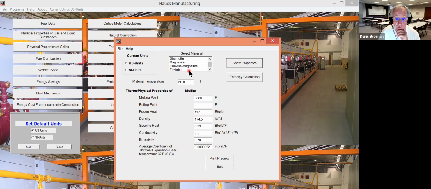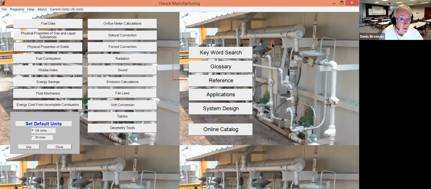So even these guys have fire brick stored in their system. The old Super Duty aluminum silica fire brick used in furnace construction, traditional furnace construction. So you can see that we have a lot of information in this program that is going to be useful to us.